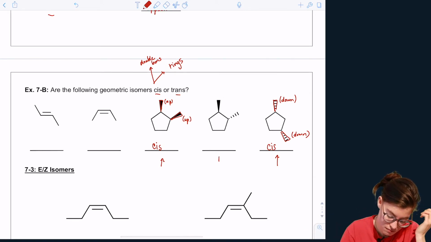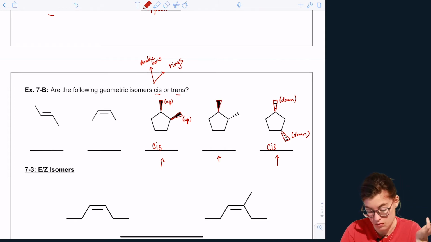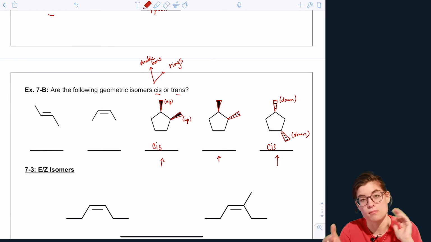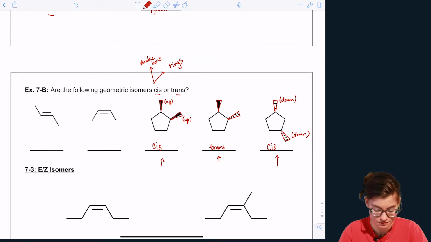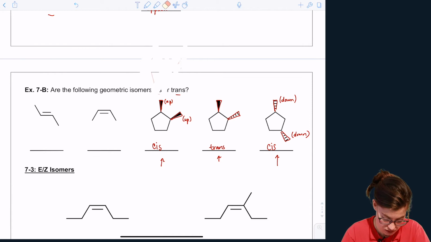Okay, the one in the middle, we have one methyl group going on a wedge and one methyl group on a dash. Because they're going opposite directions, the relationship is trans. Okay, now let me erase some of this.